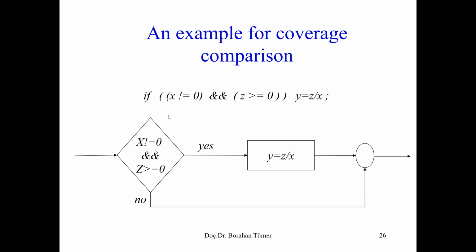For a complete statement coverage criterion, what would be a minimum number of test cases for this control flow graph? I expect an answer from each of you for a minimum number of test cases of a complete statement coverage criterion.